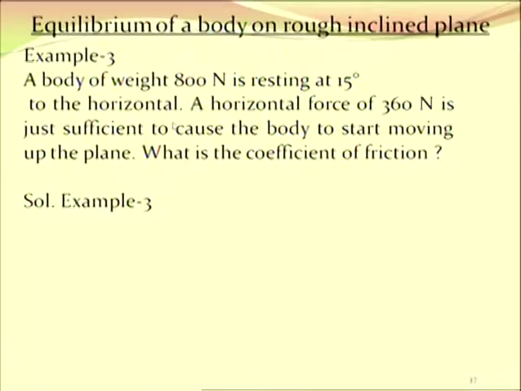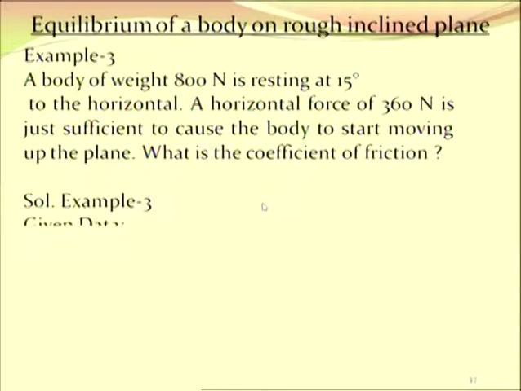So the angle of inclination, that is alpha, is given as 15 degree. A horizontal force of 360 Newton is just sufficient to cause the body to start moving up the plane. So here the condition is also given that upward plane movement is there. So we can say friction is acting downwards, and force P is given as 360 Newton. So here required is mu, the coefficient of friction.